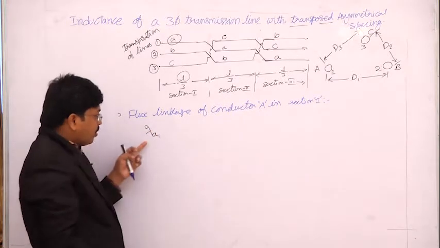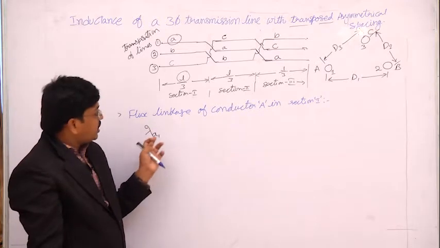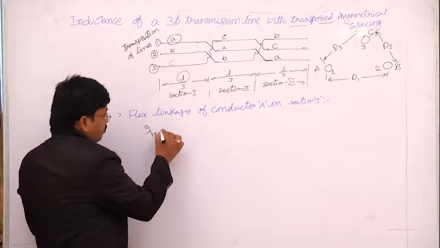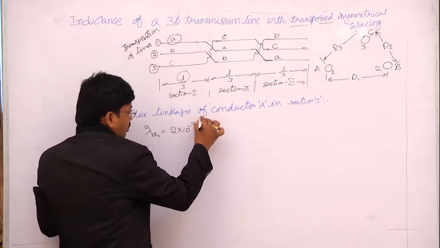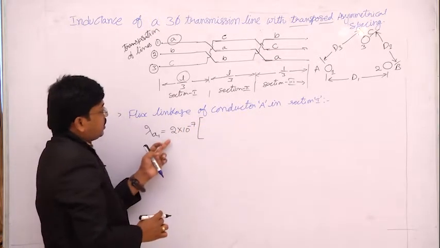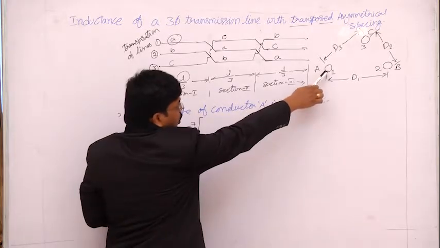Let lambda A1 be assumed as the flux linkage of conductor A in position 1, which is equivalent to, you know that formula, 2 into 10 power minus 7 into the flux linkage due to its own current.